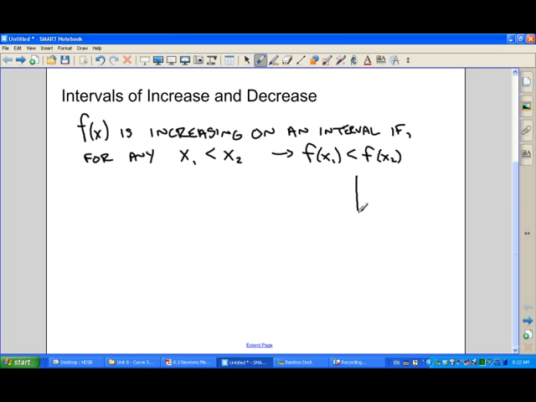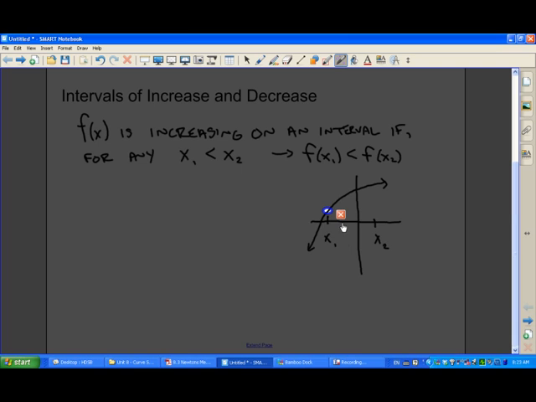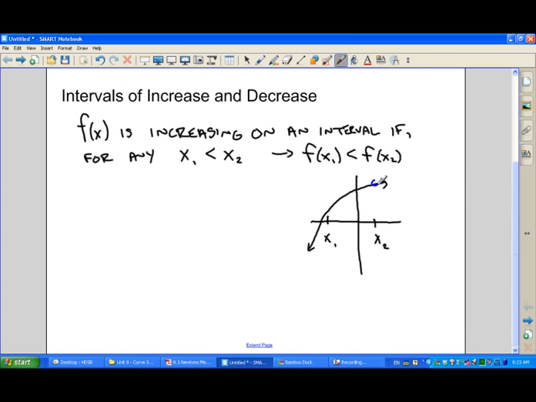It's a simple test to see if a function is increasing or decreasing. So as an example, I could pick an x1, I could pick an x2, and if I was to graph part of that curve on that interval, I could see that my function evaluated at x1 and my function evaluated at x2, when I compare them both, f of x1 is less than f of x2.